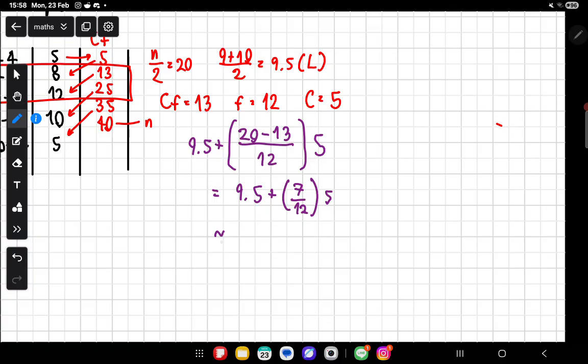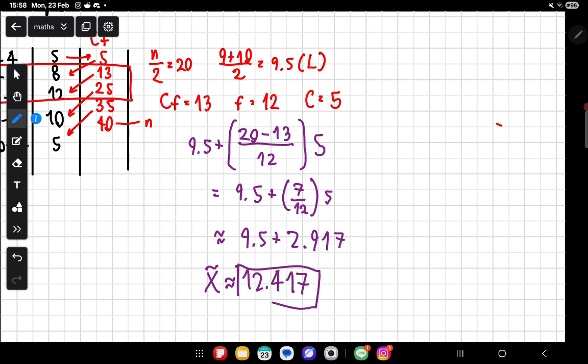So now we approximate it into 9.5 plus 2.917. So our median is approximately 12.417. And that is the final answer.